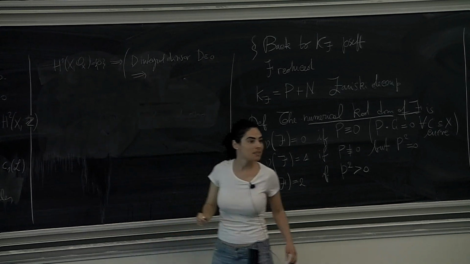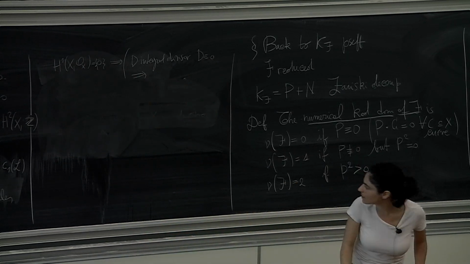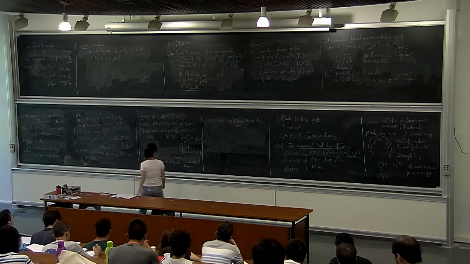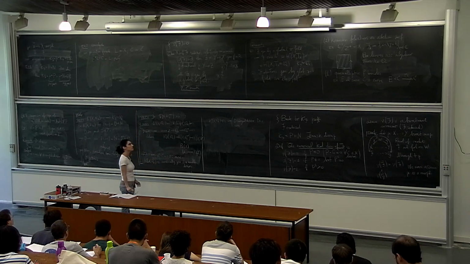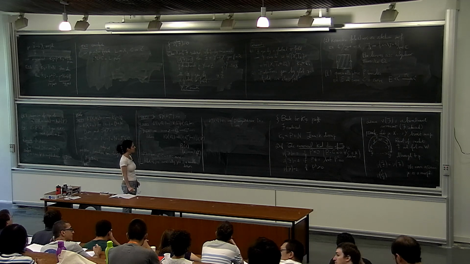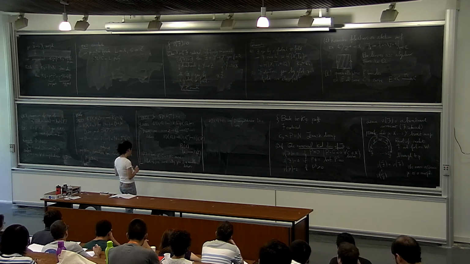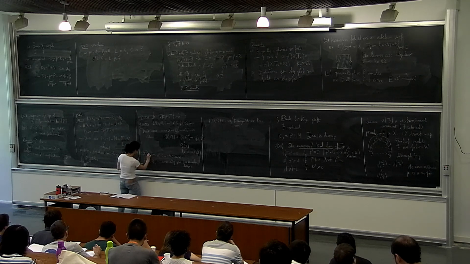Yes? C1 of L is a torsion. Because you're in H2 of integral homology. So you might... Because I took Z. You're right. But it's not a big deal.